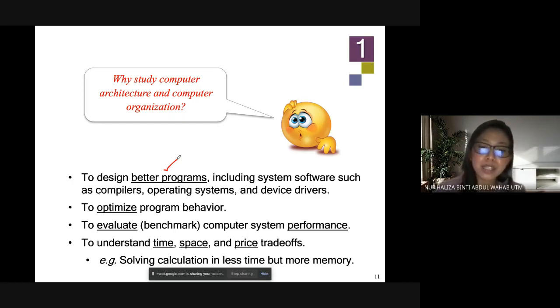So please make sure whenever you have a programming subject, focus and do many exercises. Don't just wait for the lecturer to give you sample coding, because at the end you are alone when you go to your internship.